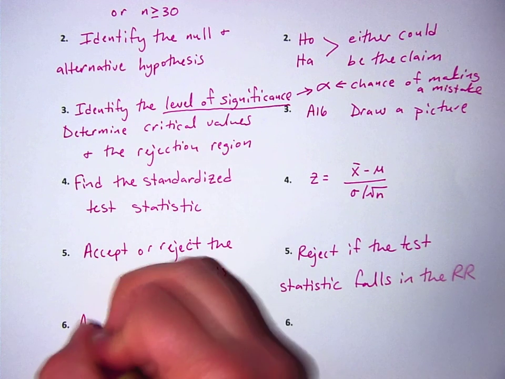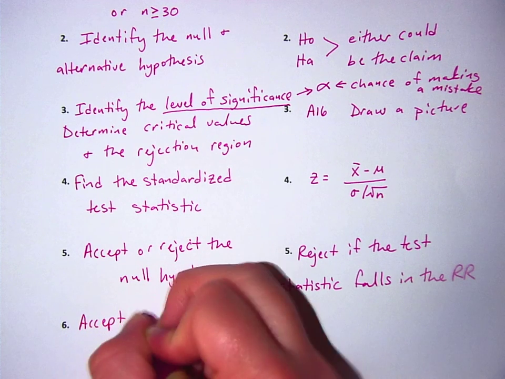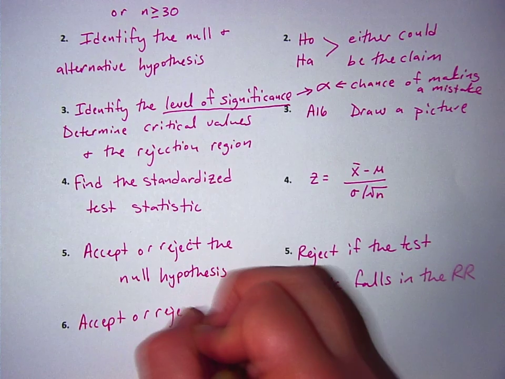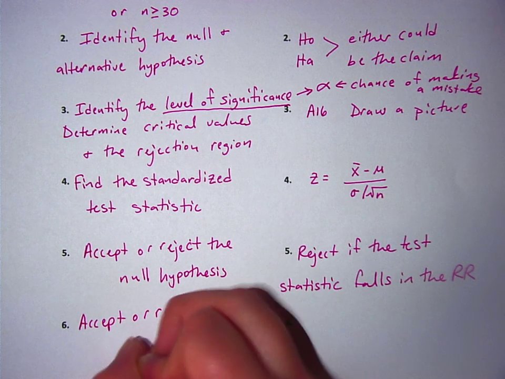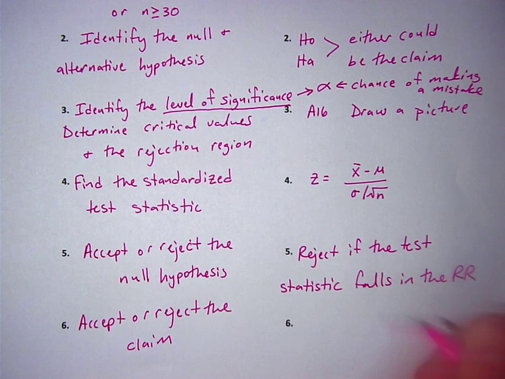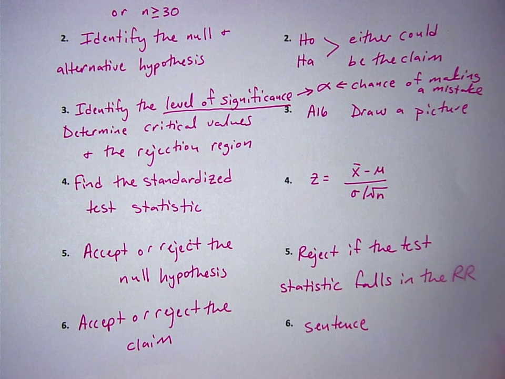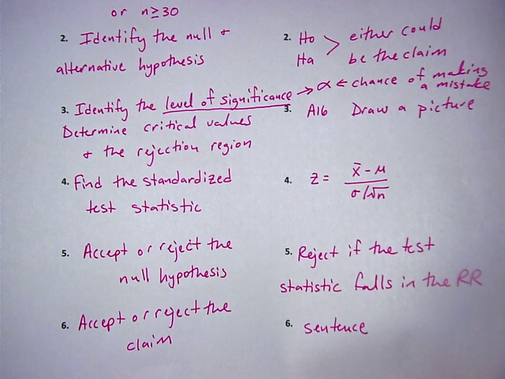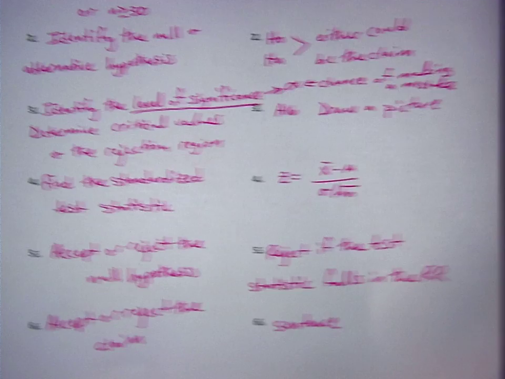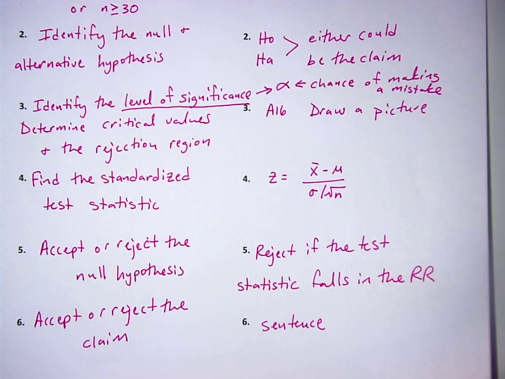And step 6 is to accept or reject the claim. And this is where you need to write like a full sentence explaining whether you accept or reject the claim. All right.